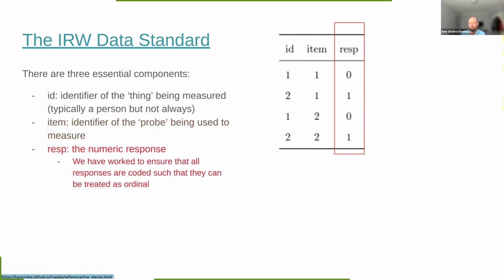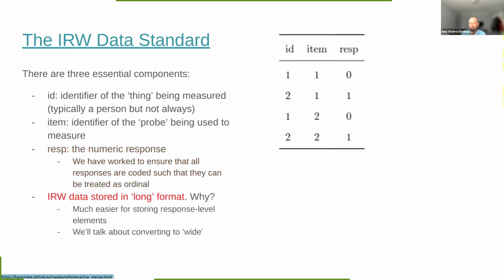And finally, we have the response vector. And what's really critical is that we work to ensure that all the responses have been coded such that they can be readily treated by an analyst as just ordinal data. So if -9 was used to code missing responses, we've tried to fix that. Those kinds of things we've resolved in our standardization process.